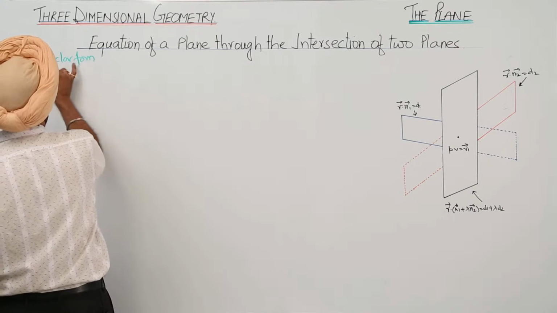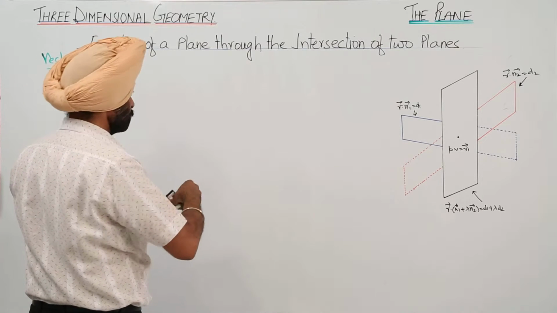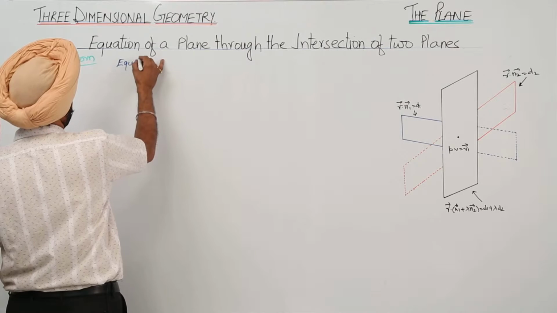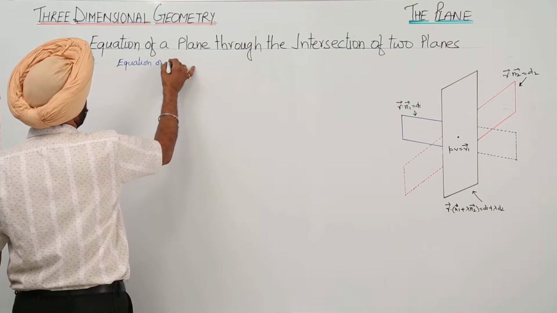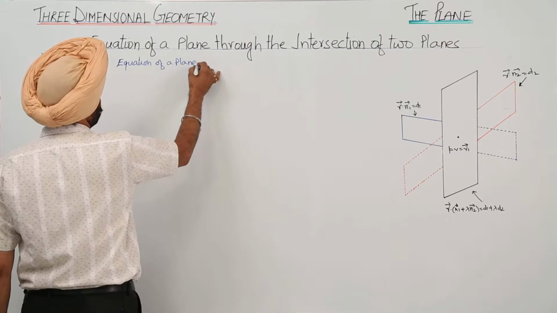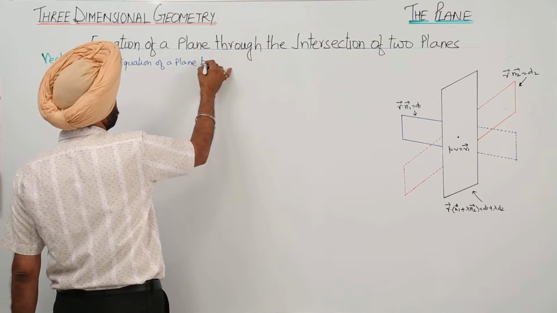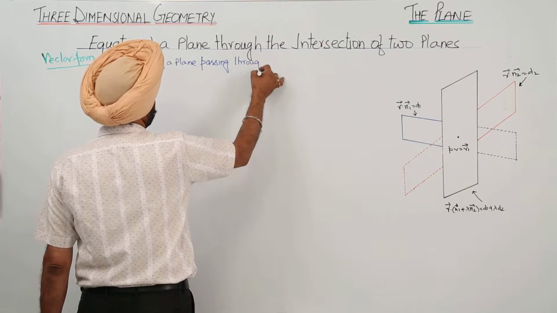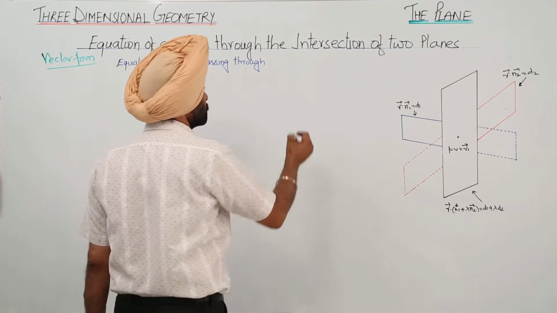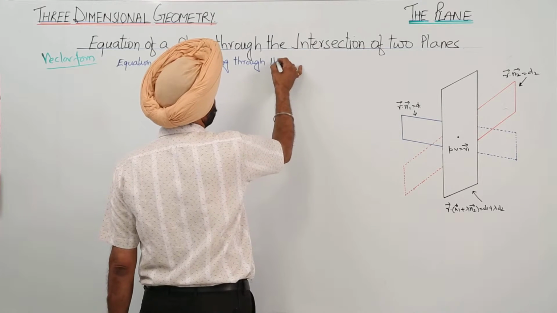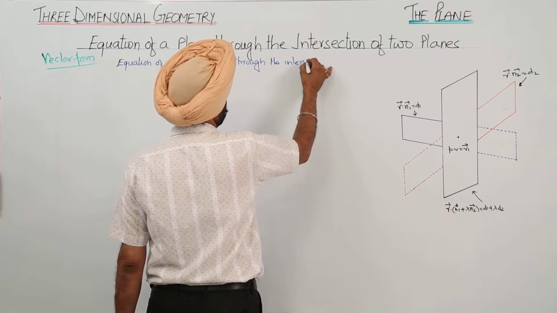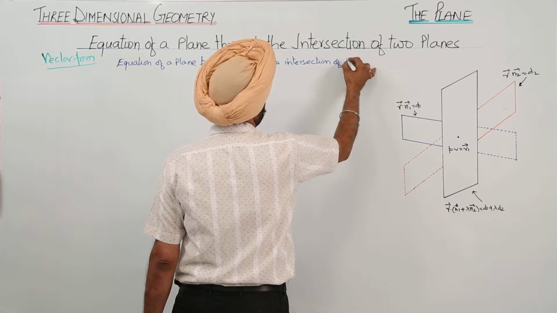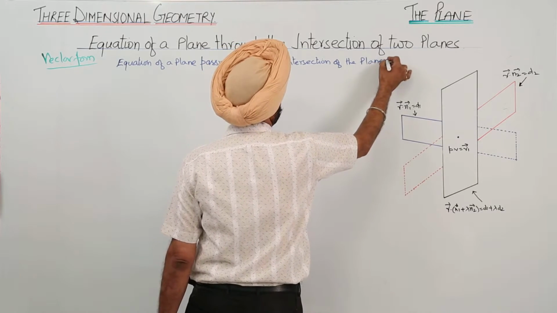Vector form. Now the equation of a plane passing through the intersection of the planes.